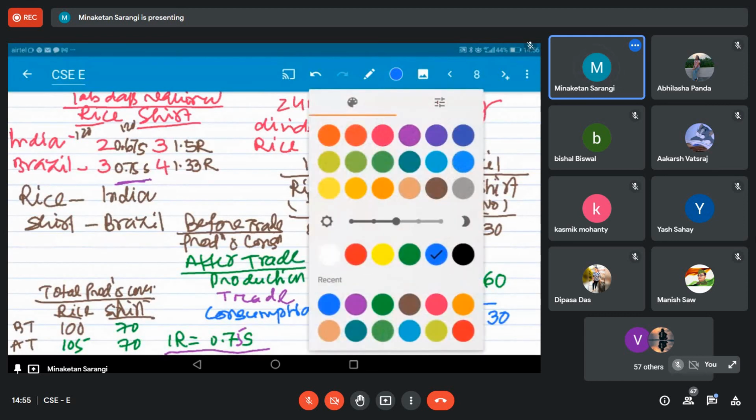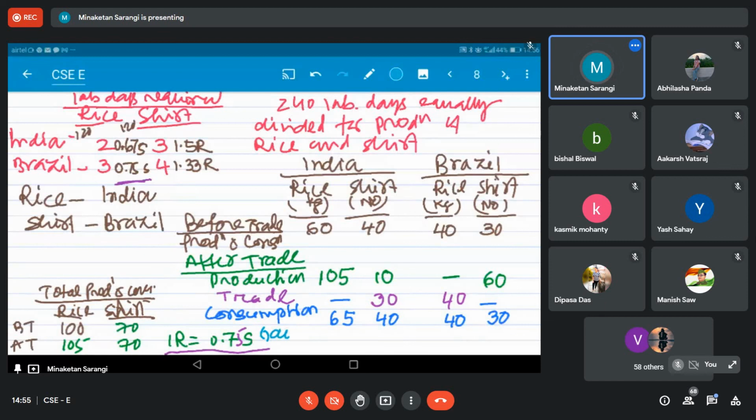Now the last is your gain from trade. What is the gain? Gain from trade: India after trade is consuming 65 kg of rice, before trade consuming 60, so the gain from trade will be plus 5. In sat, no gain, 40 and 40, this is 0.